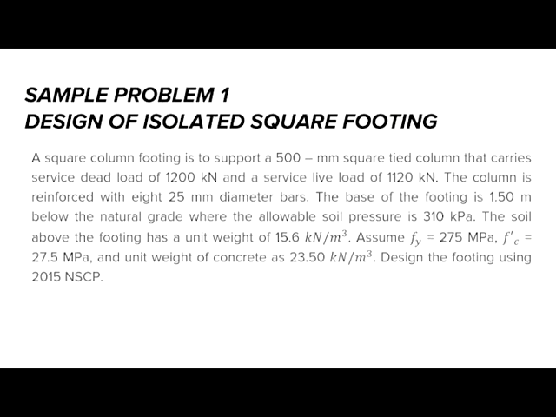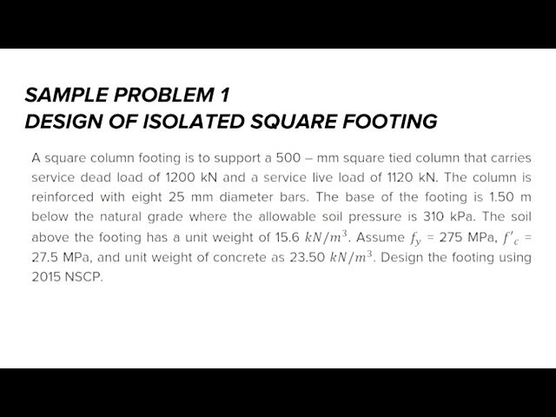So consider this problem. This is a problem concerning the design of an isolated, or spread square footing. A square footing is to support a 500 millimeter square column that carries a service dead load of 1,200 kilonewton and a service live load of 1,120 kilonewton. The column is reinforced with 8 25 mm diameter bars. The base of the footing is 1.5 meter below the natural grade, where the allowable soil pressure is 310 kilopascal.